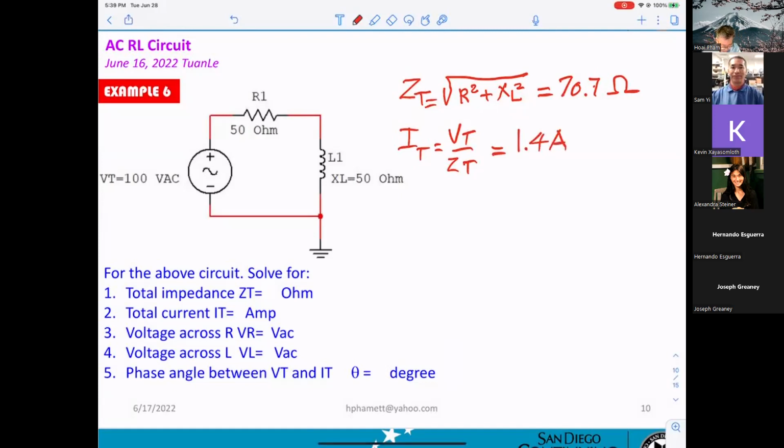Okay, VR equals I total, 1.4, times 50, that's 70, right?